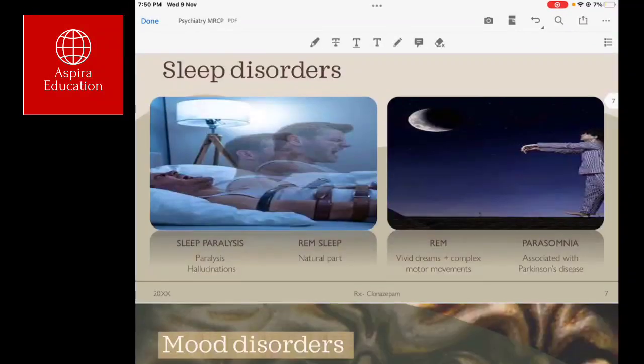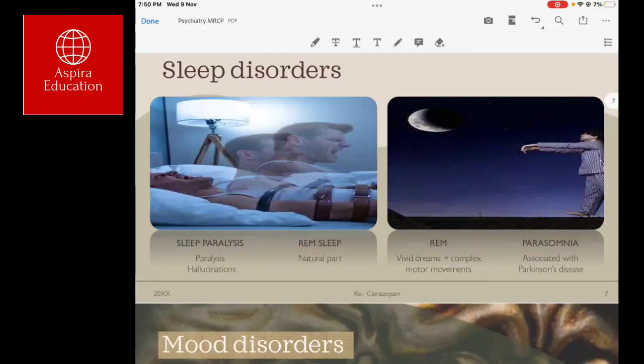So these were all mainly categorized as somatoform disorders. In somatoform disorders, we have somatization disorder. Then we have hypochondriasis, where the patient thinks that he's suffering from a serious illness. Then we have conversion disorder, then dissociative disorder.